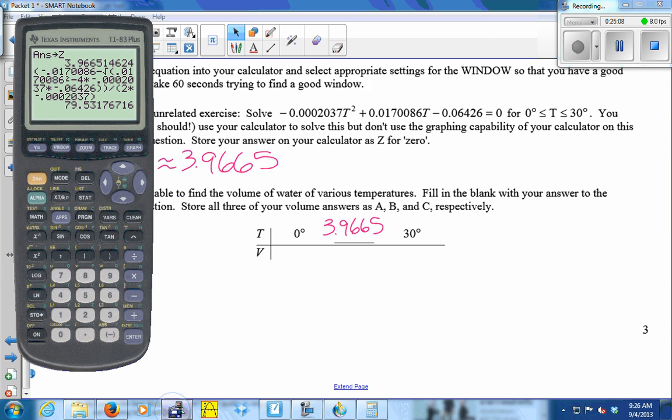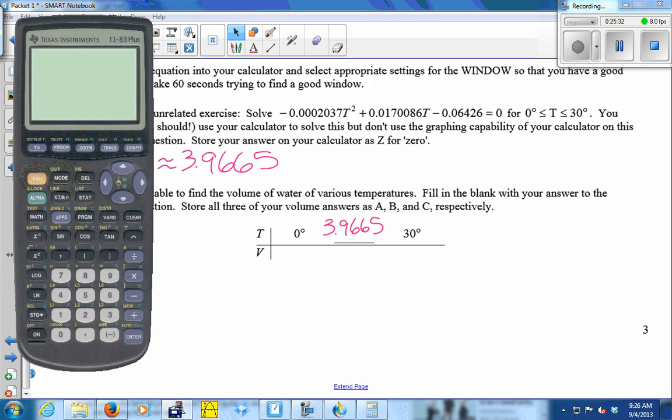So I go to my calculator. Your calculator knows function notation. So remember, I still have the volume formula in Y1, and I would like to know the volume at these three temperatures. So I could use my table, right? Or I could use the function notation.